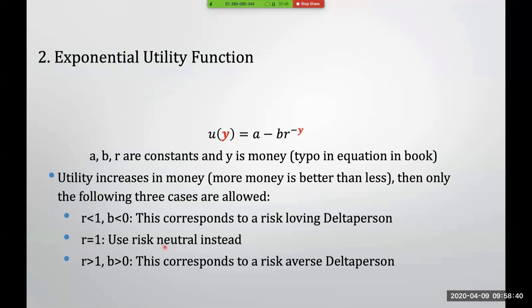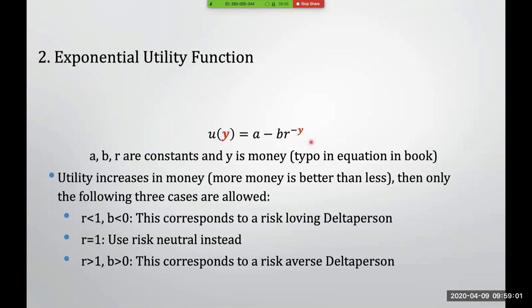For this exponential utility function, we're no longer going through the proving process as we did for the linear utility function. We did that for the linear utility function just to give you a flavor of how to prove it.